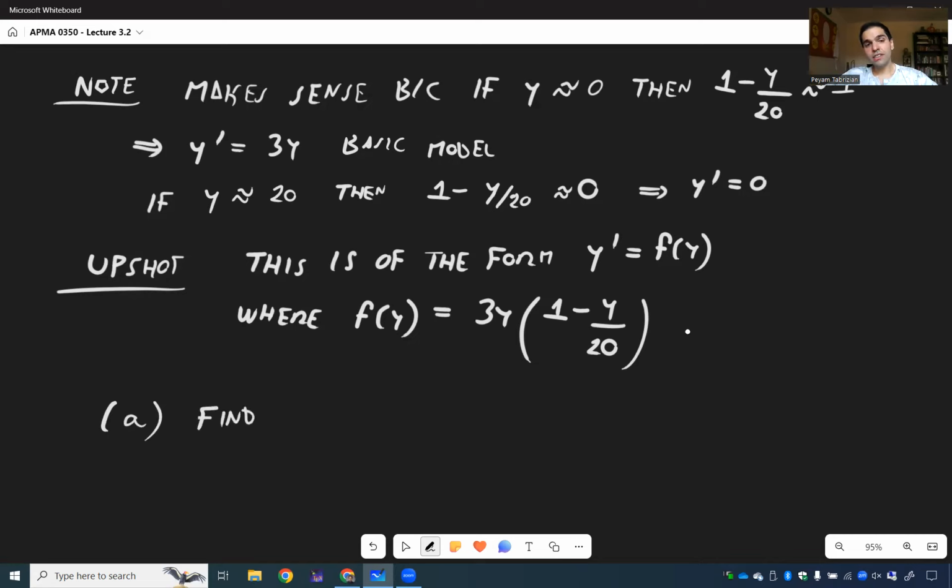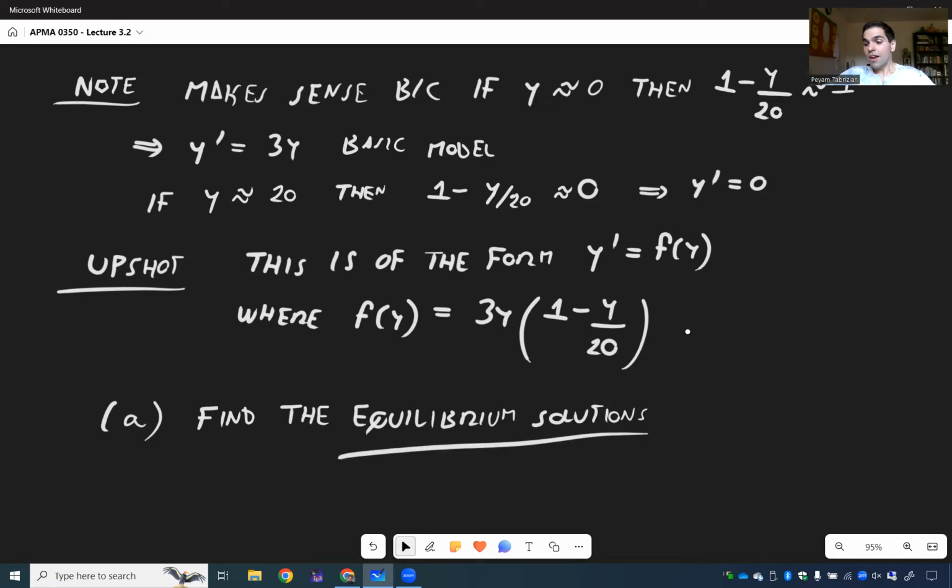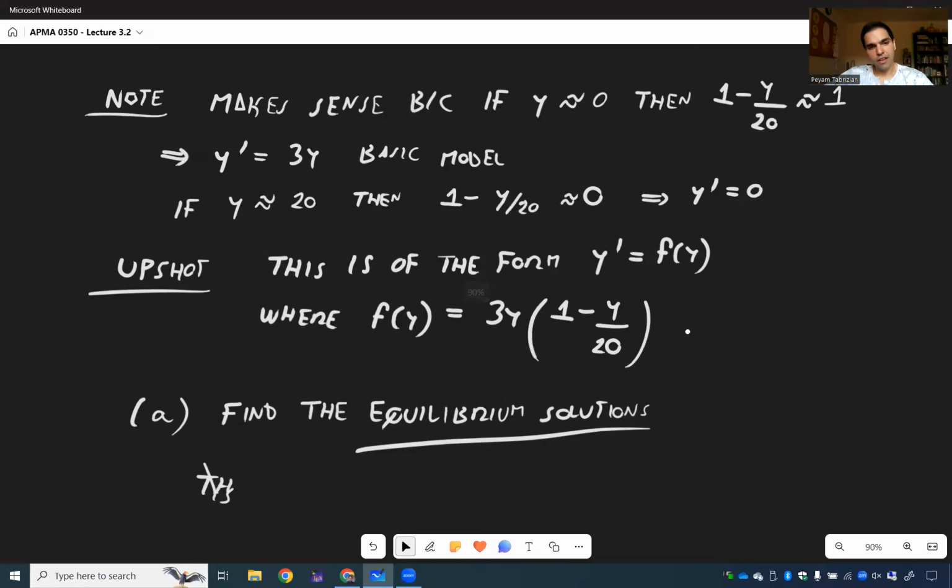So let's first find what's called the equilibrium solutions. What does equilibrium solution mean? It means constant solutions. So here, we just need to figure out when f is 0.